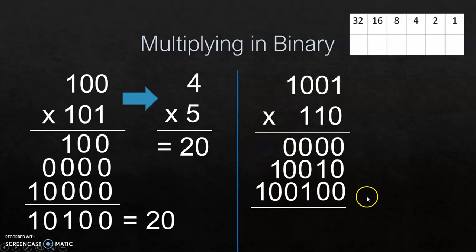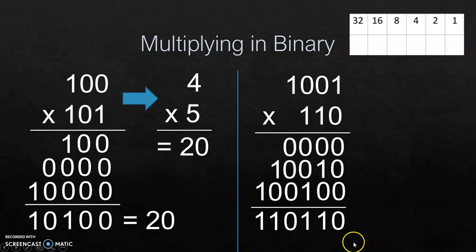Now we proceed to add them all together, and we get 0 plus 0 plus 0 is 0, 0 plus 1 plus 0 is 1, 0 plus 0 plus 1 is 1, 0 plus 0 plus 0 is 0, and 1 plus 0 is 1, and this last digit just gets pushed down.